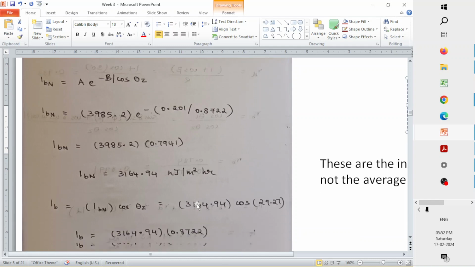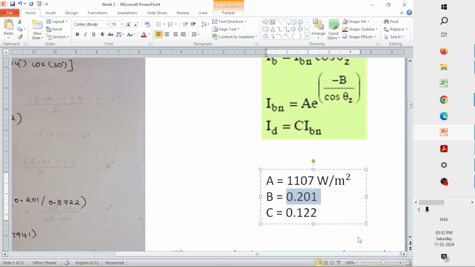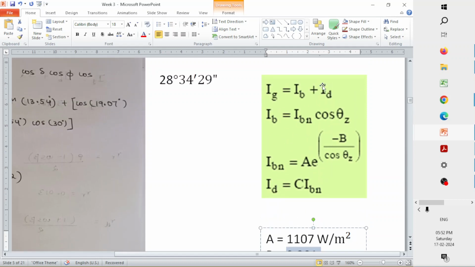So now we know beam normal, and we need to get the global radiation. We know that global radiation is the total amount of solar radiation coming from the sun, which is the sum of the beam radiation, that is the radiation falling onto the surface without getting scattered, plus the diffuse radiation that gets scattered because of the atmosphere.